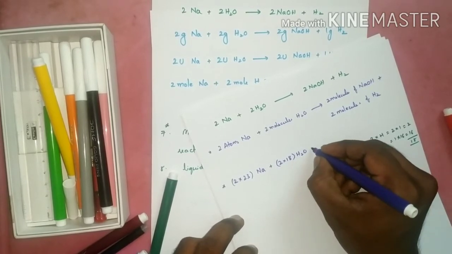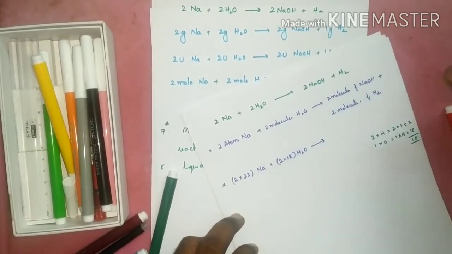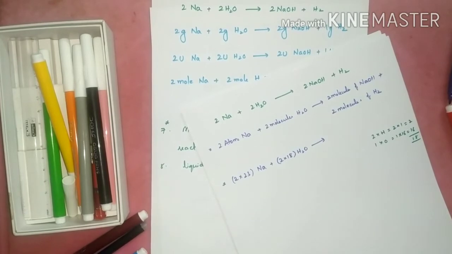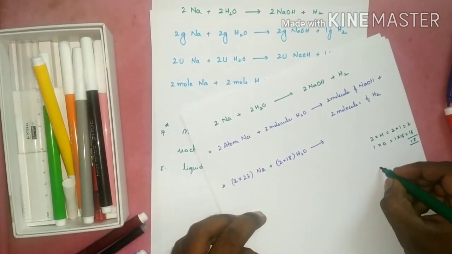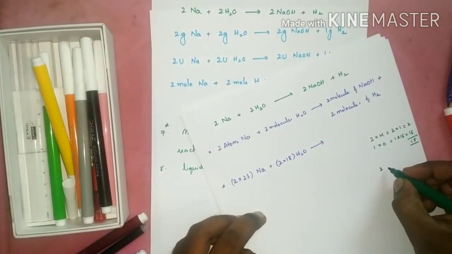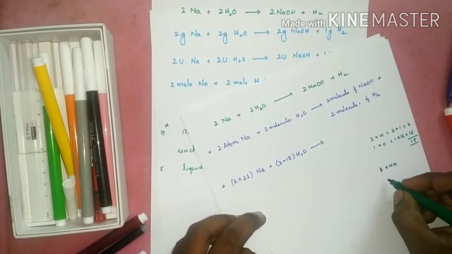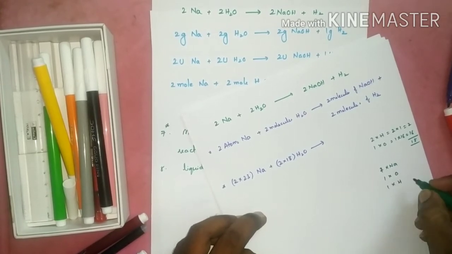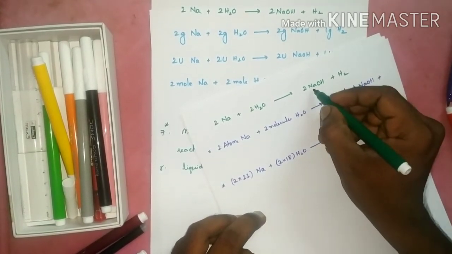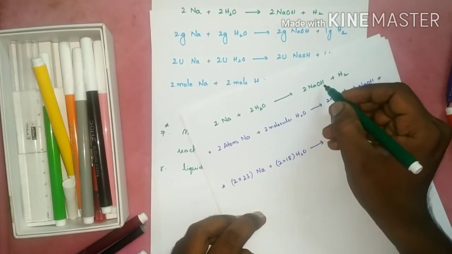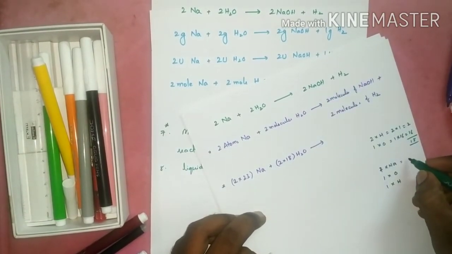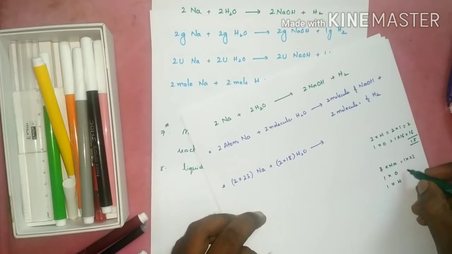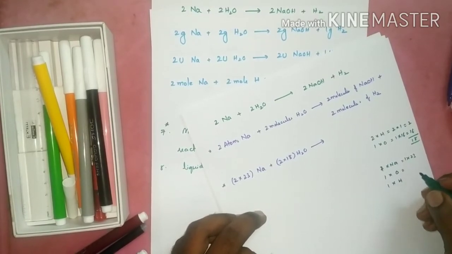H2O gives 2 NaOH. NaOH, how to write? See here, in NaOH you see 1 sodium, 1 oxygen, 1 hydrogen. So 1 sodium is 1 into 23. This is a way of finding the molecular weight.